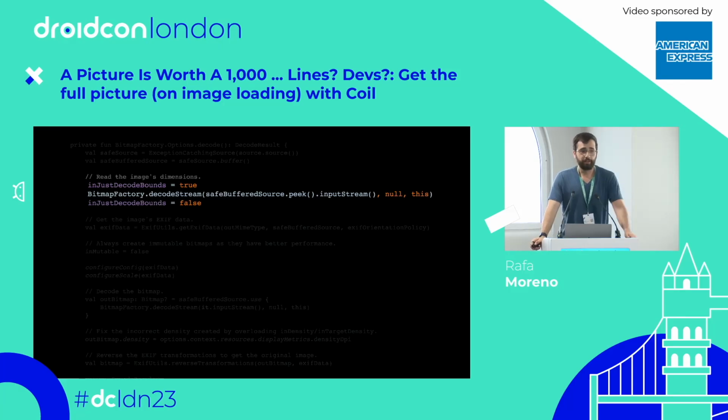So here it's being used, I guess, in the wild as a part of this. And we're actually going to start to buffer it and decode it. Because I set inJustDecodeBounds, really the only thing that it's going to decode are the dimensions of the image. And that way we know how much image we have to work with.